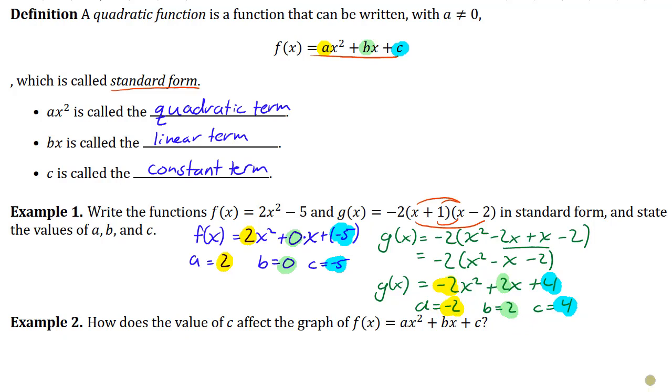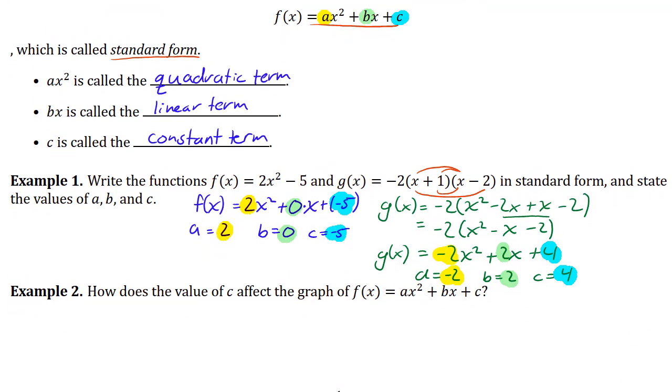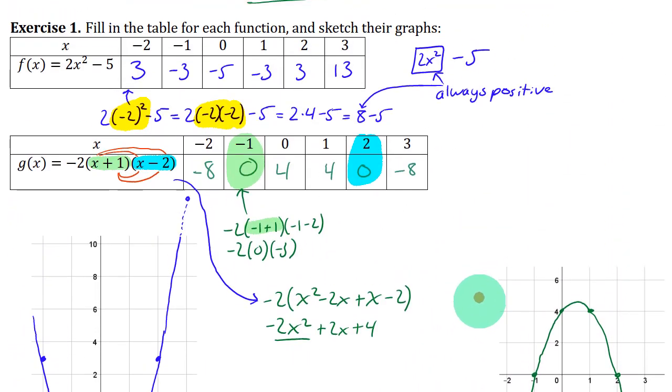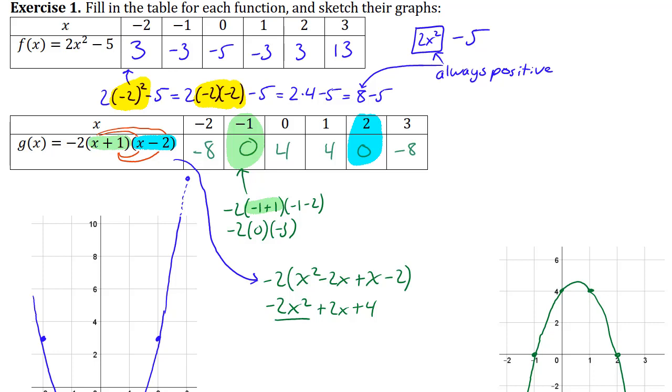Okay, so that's that. Now let's look at example 2. How does the value of c affect the graph of f of x equals ax squared plus bx plus c? You might already know the answer to this, but let's just go back here in case you're not sure. Let's look at this one. With f of x equals 2x squared minus 5, the value of c was negative 5 here, right?